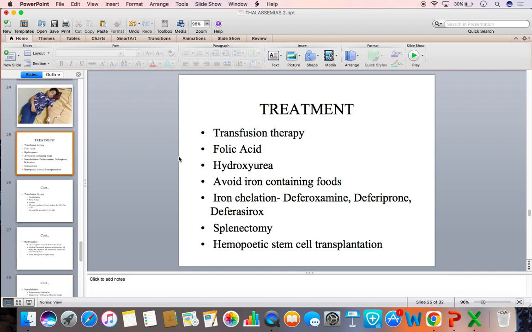And splenectomy is another procedure that is carried out for children with massive splenomegaly and episodes of hypersplenism. Ultimate cure has been promised with hematopoietic stem cell transplantation. We should get an HLA matched sibling, and hematopoietic stem cell transplantation has promised the cure for these children with beta thalassemia.